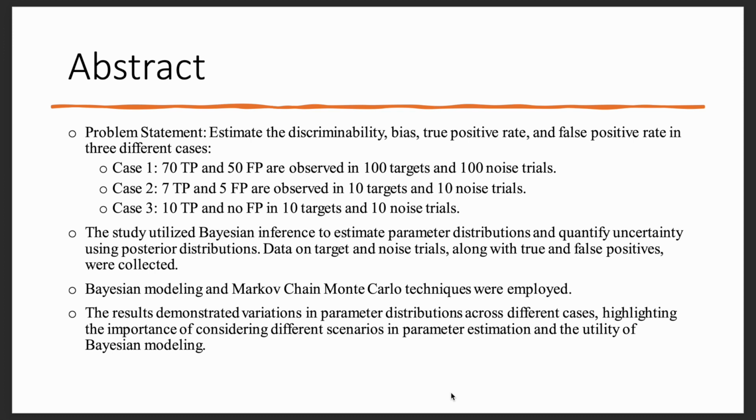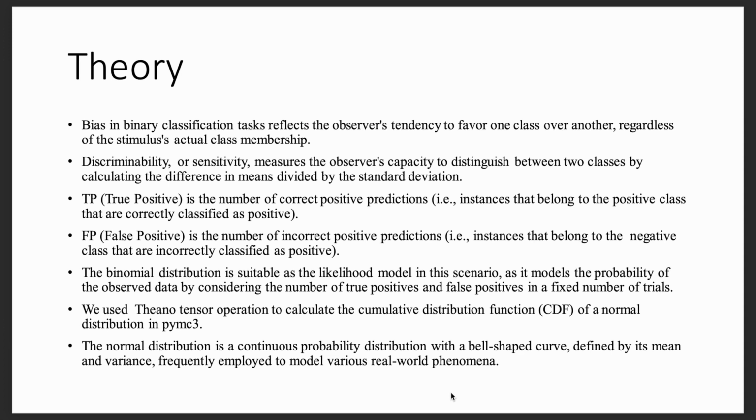Over to you guys. Let's discuss the theory regarding our project first. Bias in a binary classification task reflects the observer's tendency to favor one class over another, regardless of the stimulus's actual class membership. Discriminability, or sensitivity, measures the observer's capacity to distinguish between two classes by calculating the difference in means divided by the standard deviation.